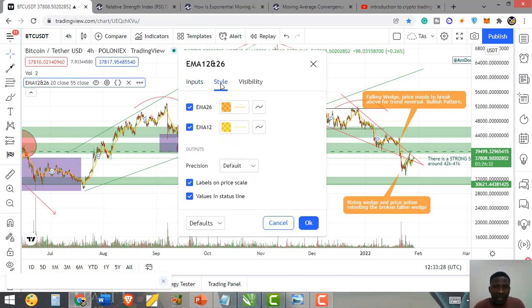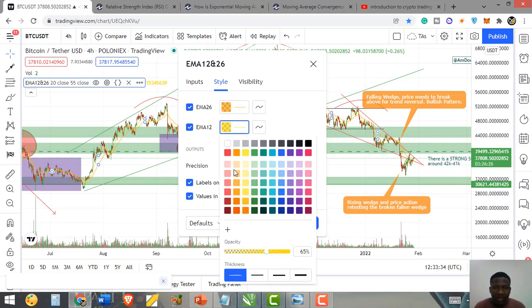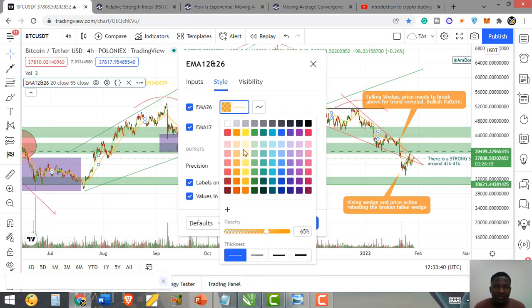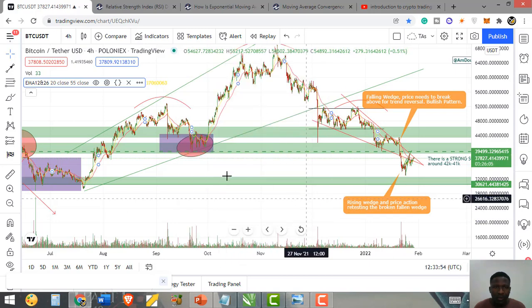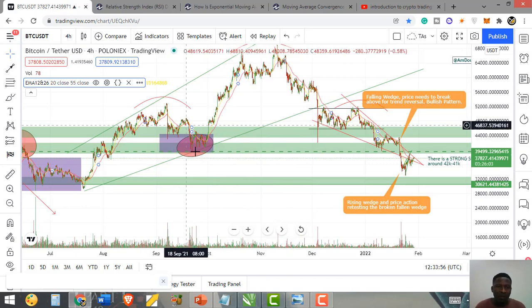Then the style, the first EMA, that's the 20, should be yellow, while the 55 should be red. Then you click on OK. Now I believe it's more visible now.